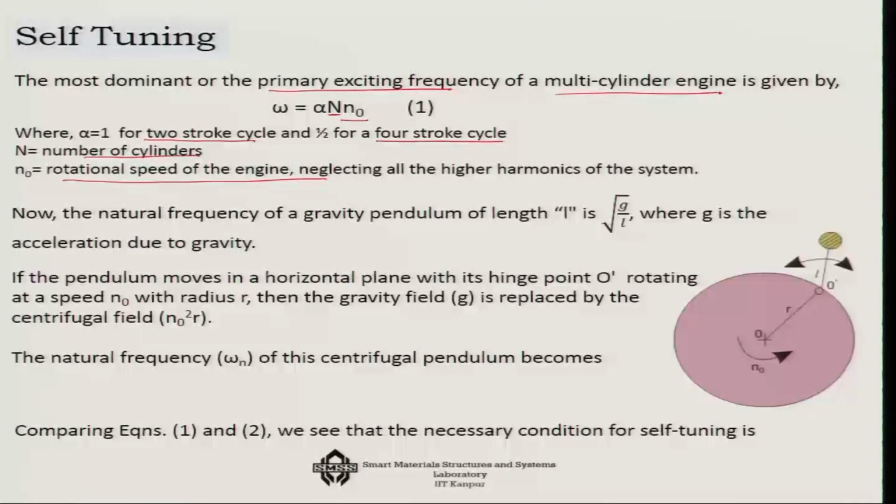Now, you know that for a gravity pendulum, suppose you have a gravity pendulum like this and it has a length L, then its natural frequency is square root of g by L, which signifies that the numerator is nothing but the acceleration. So, you compare that with this particular case where there is a rotational thing happening in the system with a rotational speed of n0 as we have shown here.